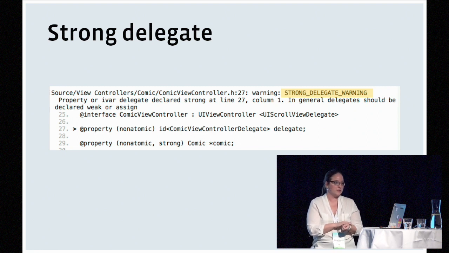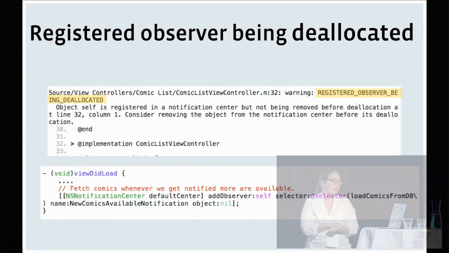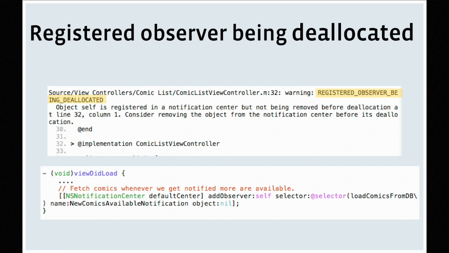Another example is this strong delegate warning. So there's a variable, a property delegate, where it didn't specify anything, and if you don't specify anything, default is strong. Might be a problem. And another one was this registered observer being deallocated.